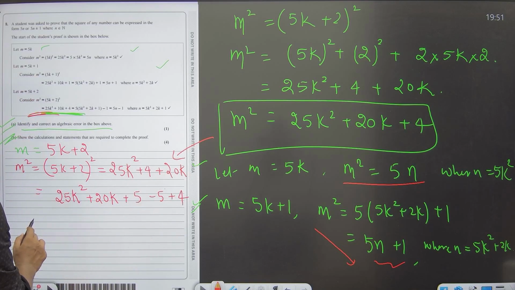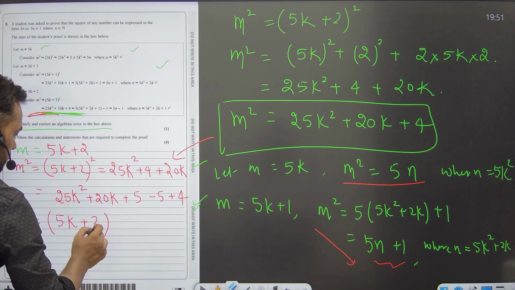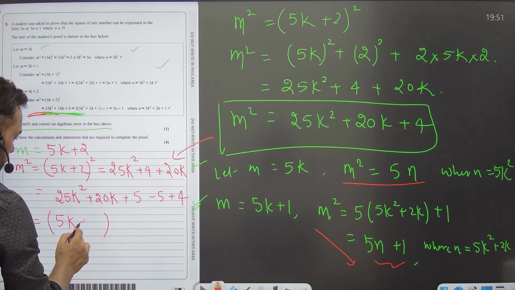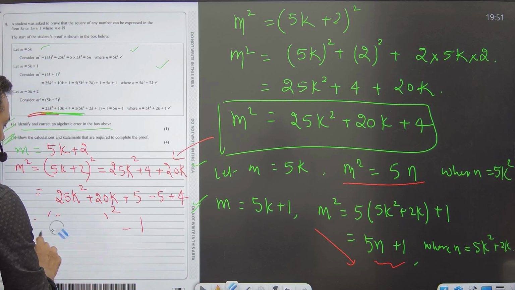So what will this equation be, student? This will be (5k plus 2) whole square, (5k plus 1) whole square negative 1. Okay, this is a mistake, student.